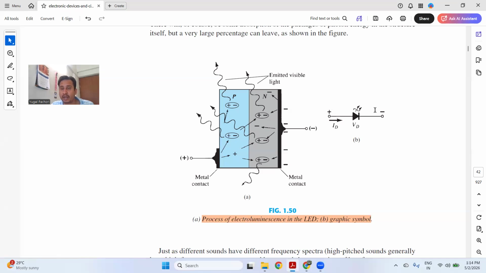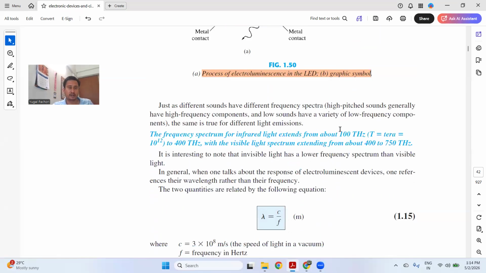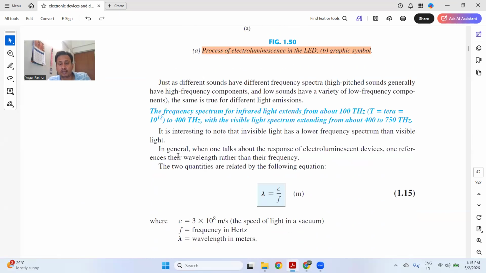So this is plus, minus, and ID. VD is the voltage across the diode, and ID is the current through the diode. So these are the things related to the LED, and let's understand the corresponding frequency. Frequency is associated: lambda is equal to c over f. If f is the frequency, then to calculate the wavelength you need c over f.